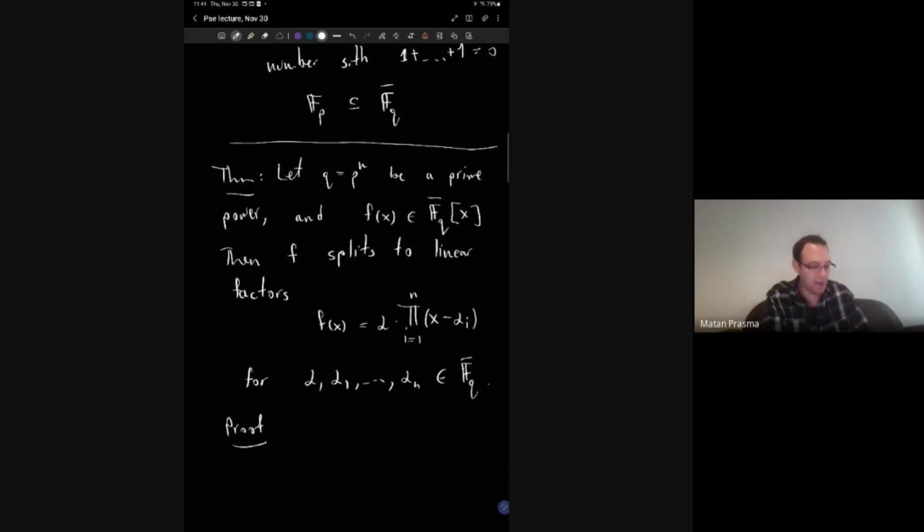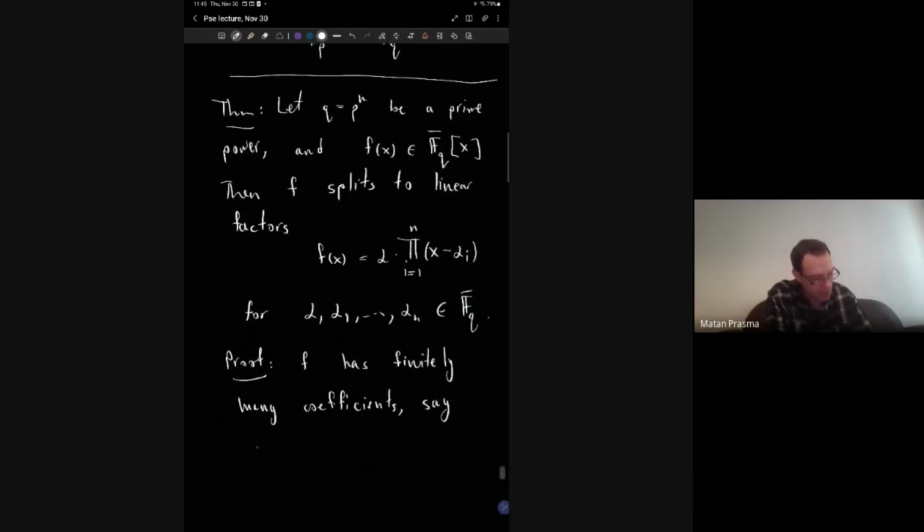A polynomial f has finitely many coefficients, let's say a0, a1 up to aN.